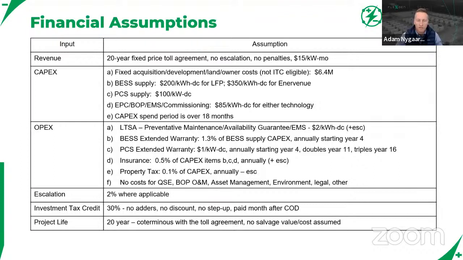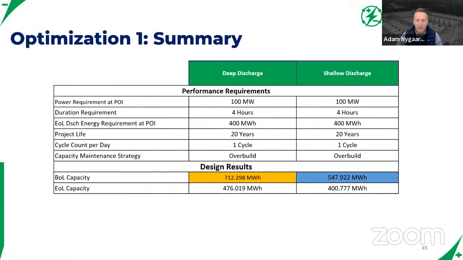And you can see the values that we've assigned to those. All in all, we're a little over, I think, $300 per kilowatt hour, which you'll see in the next slide, which is pretty close to being in line with what you'll see NREL publish or maybe WoodMac.